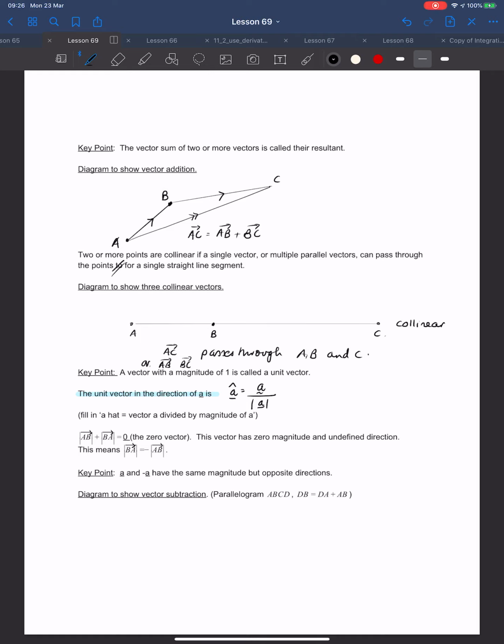Diagram to show vector subtraction. Draw a parallelogram here, like so.